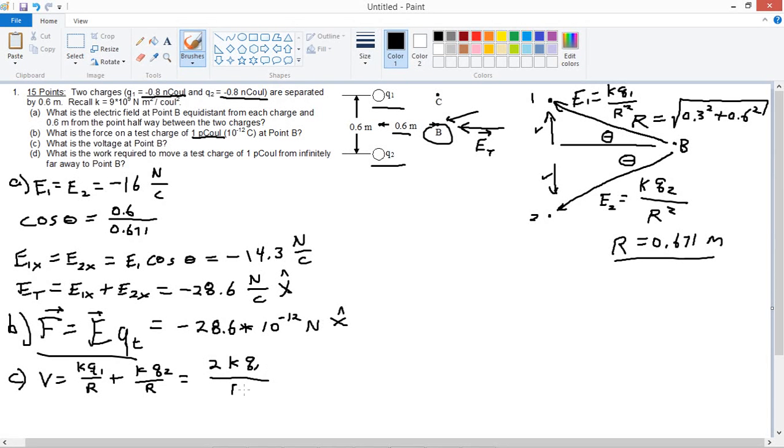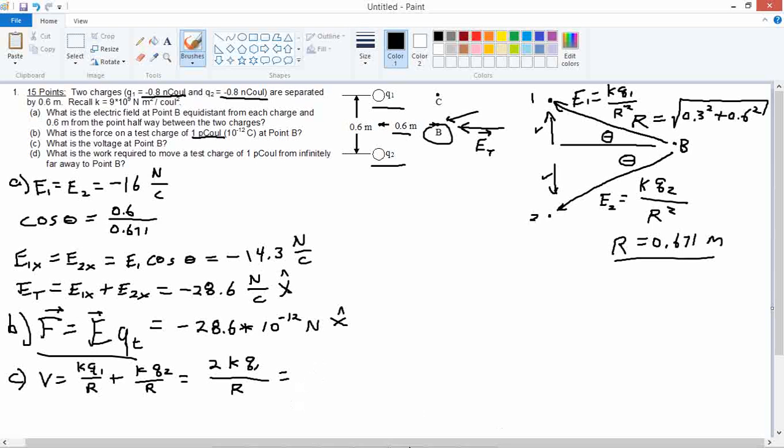Remember, this might not be true for every problem. Don't presume Q1 and Q2 are equal. They might be equal and opposite. If they're equal and opposite, and the distance of point B from 1 is the same as from 2, then you get 0 voltage.